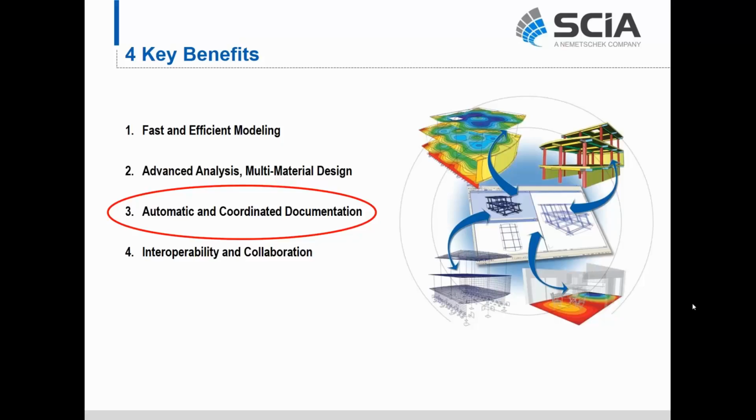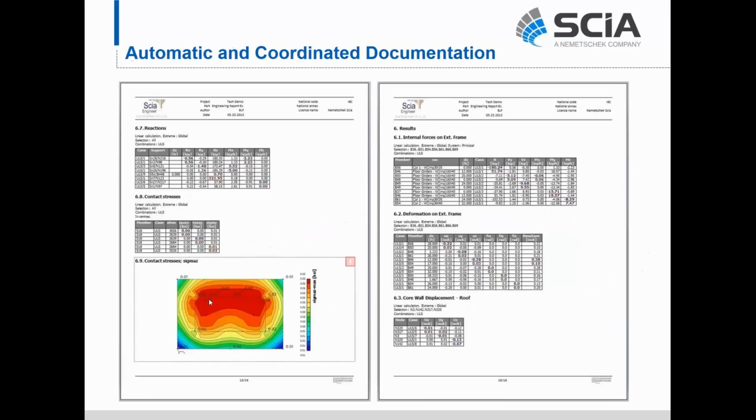So another key benefit of SCIA Engineer is automatic and coordinated documentation. So I briefly showed you some output in the SCIA report capabilities, but it is actually a separate executable file.